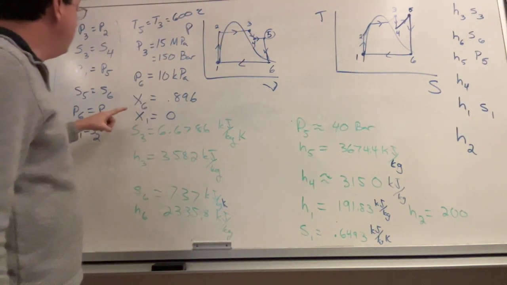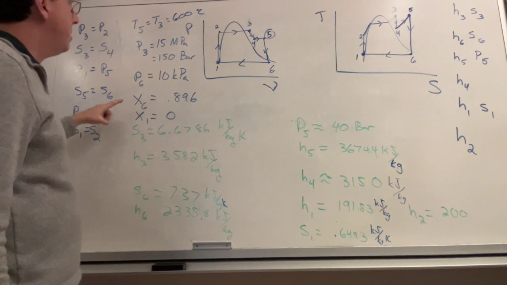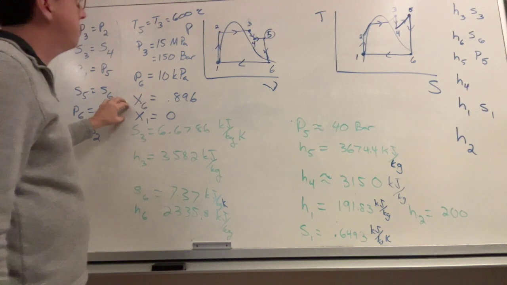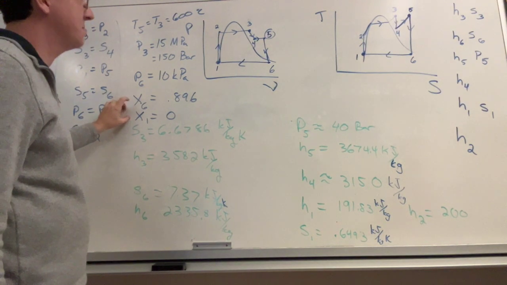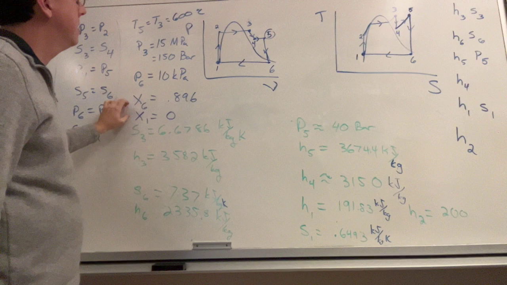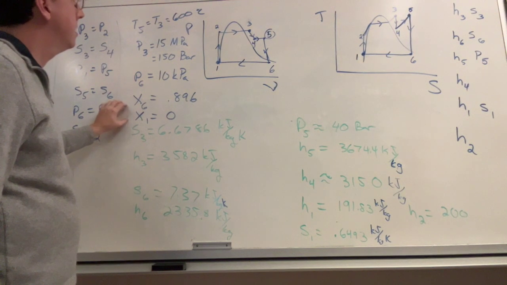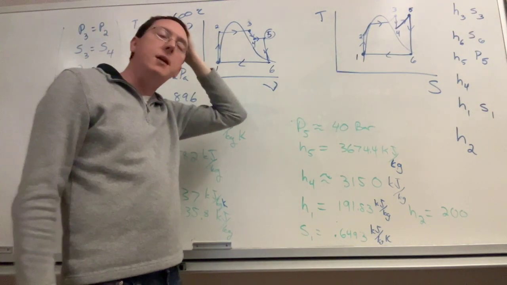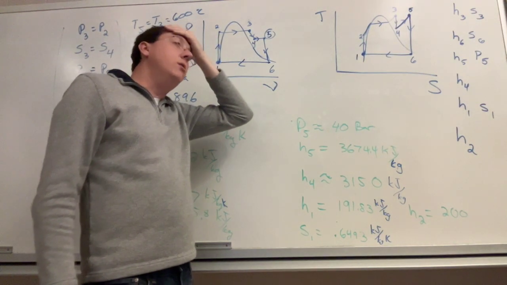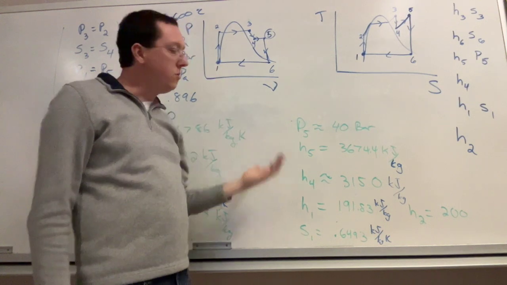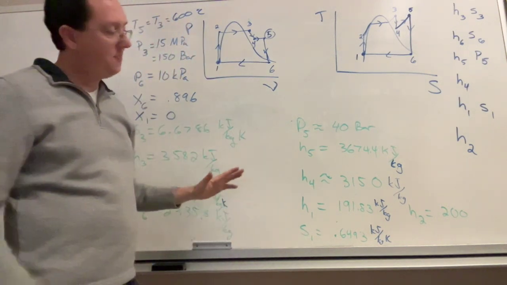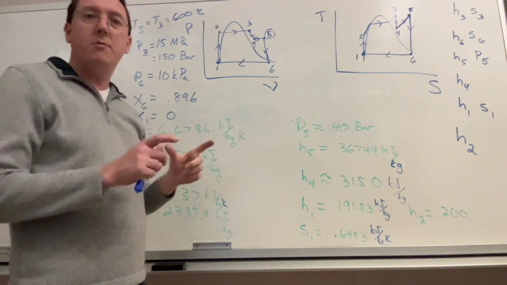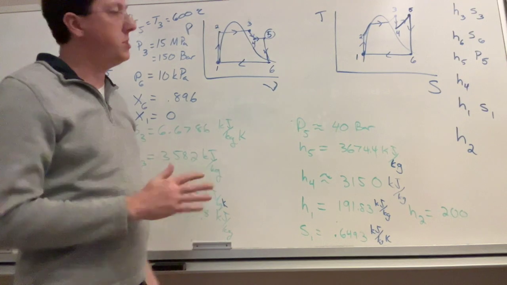And we know the pressure at state 2. So if you look at the tables, it's kind of hard to estimate from the liquid table, and we could do a better job.